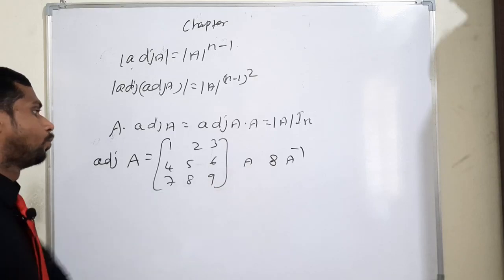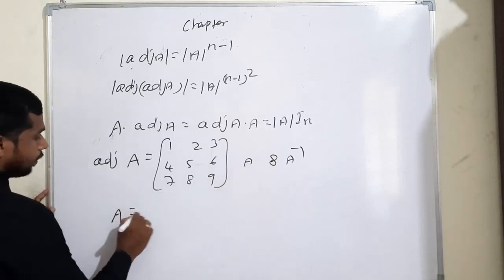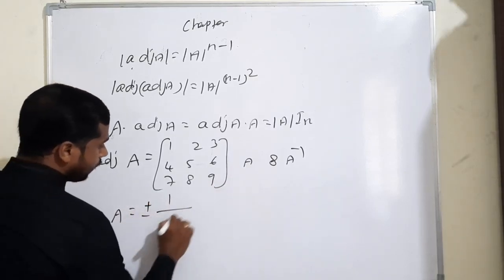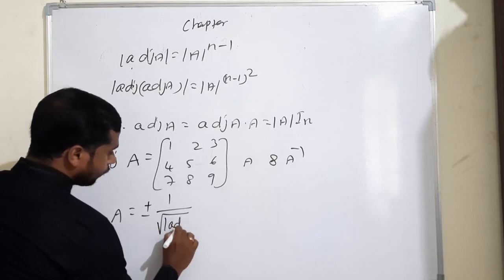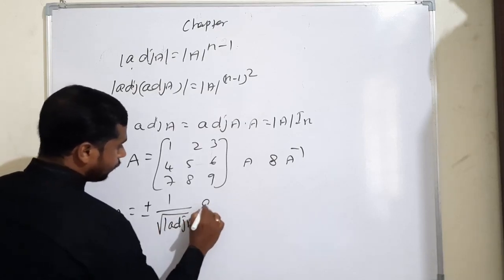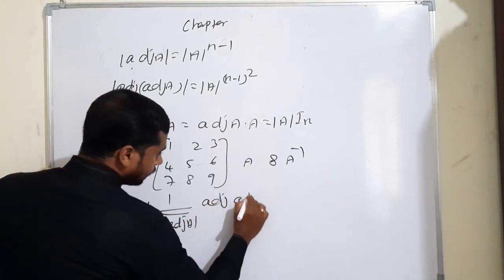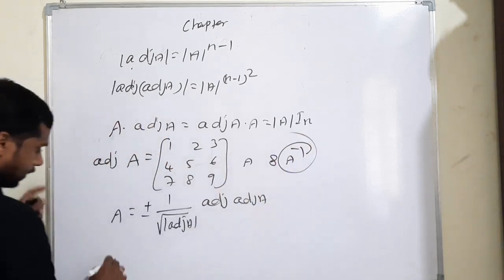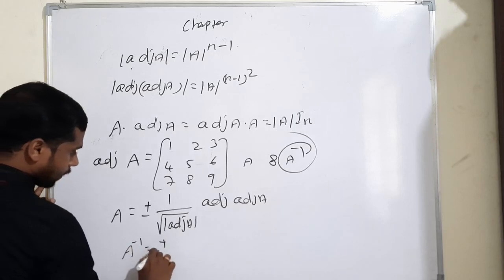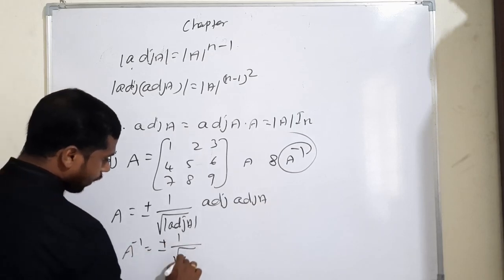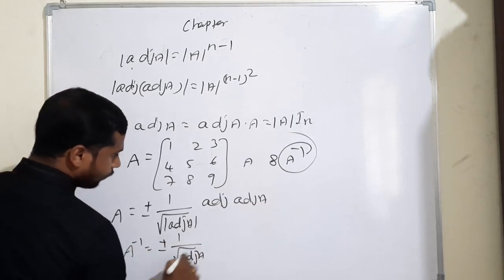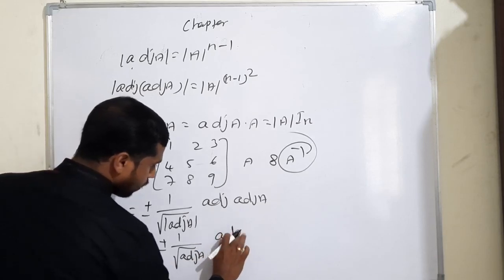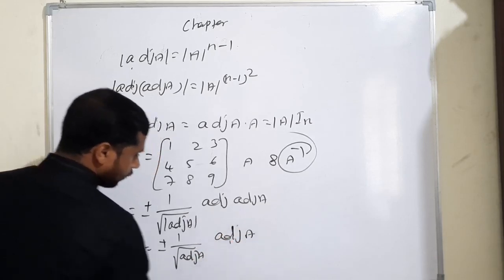If you need to find A, it is plus or minus 1 by square root of determinant of adjoint of A, into adjoint of A. If you need to find A inverse, it is plus or minus 1 by square root of determinant of adjoint of A into only adjoint of A. That is the difference.